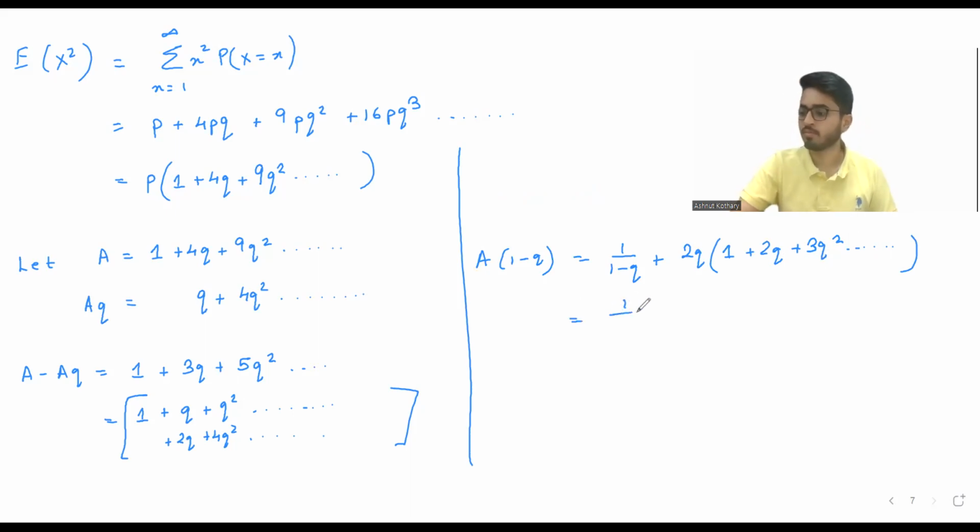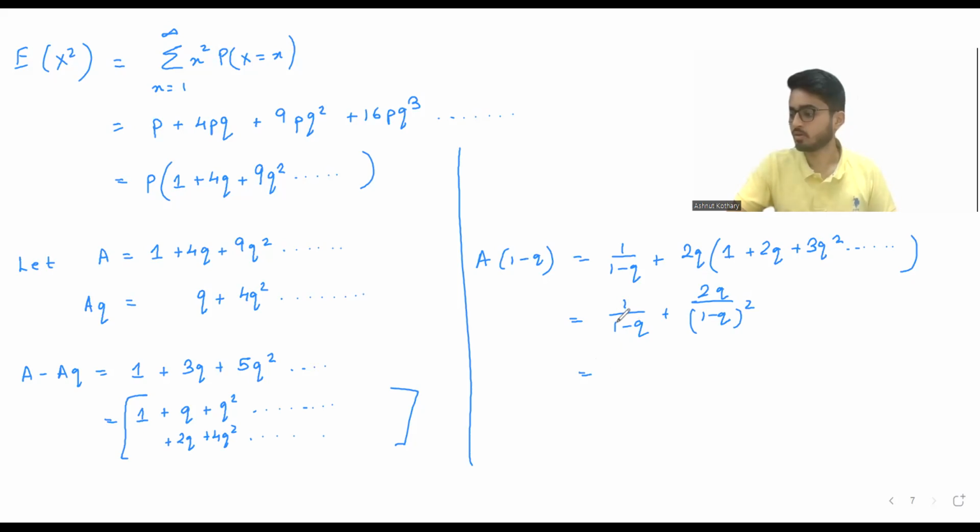So this will be 1 by 1 minus q. This is nothing but the term inside the bracket, which is 1 minus q whole to the power minus 2, something which we just used while calculating expectation x.